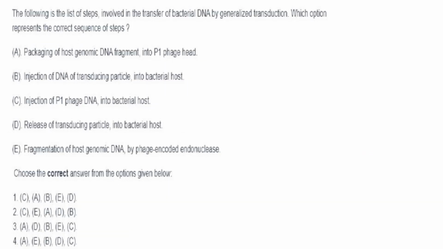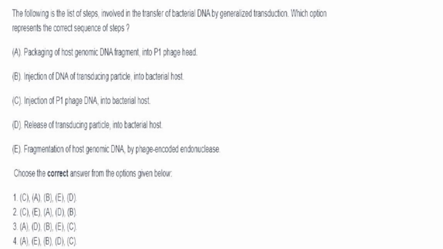Then next one. The following is the list of steps involved in the transfer of bacterial DNA by generalized transduction. Transduction is with the help of a bacteriophage. Which option represents the correct sequence of steps?